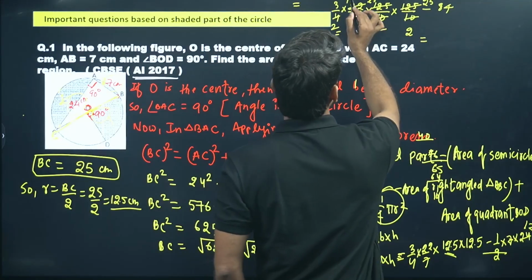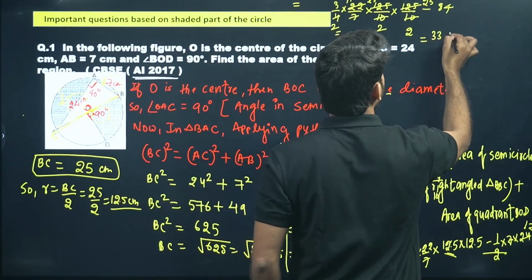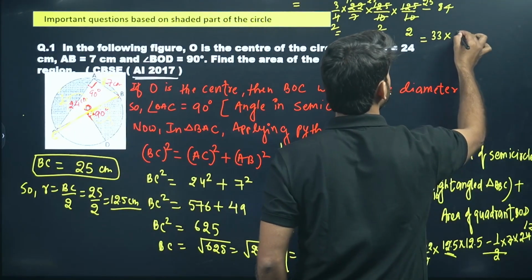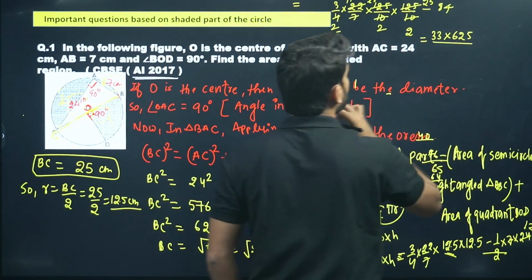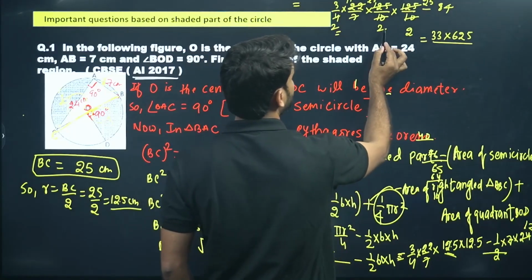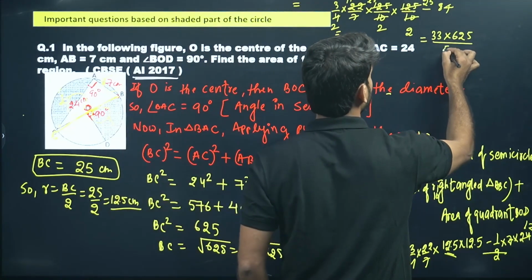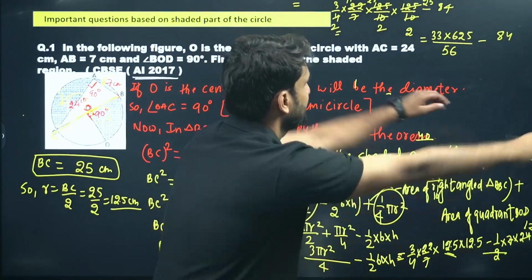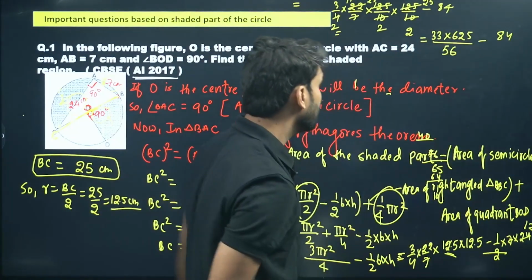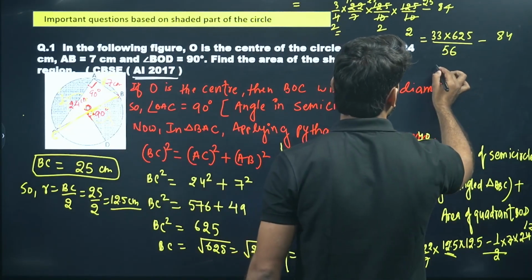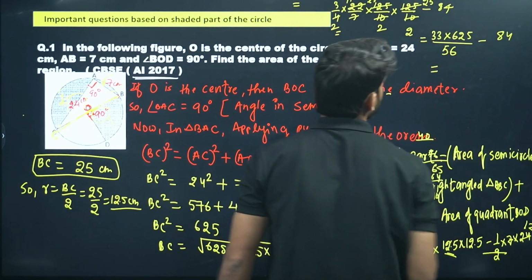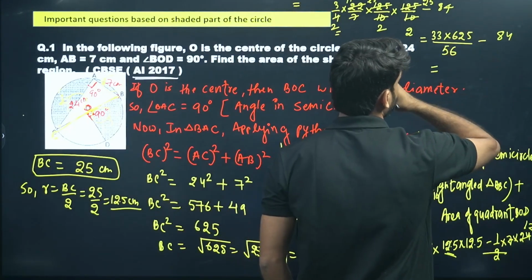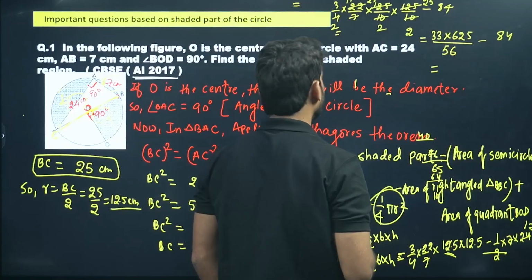So what will be the result? 11 3s are 33 into 25 into 25, that will be 625, and in the denominator 2 to the 4 to the 8, and 8 sevens are 56, minus 84. Now multiply 625 by 33.